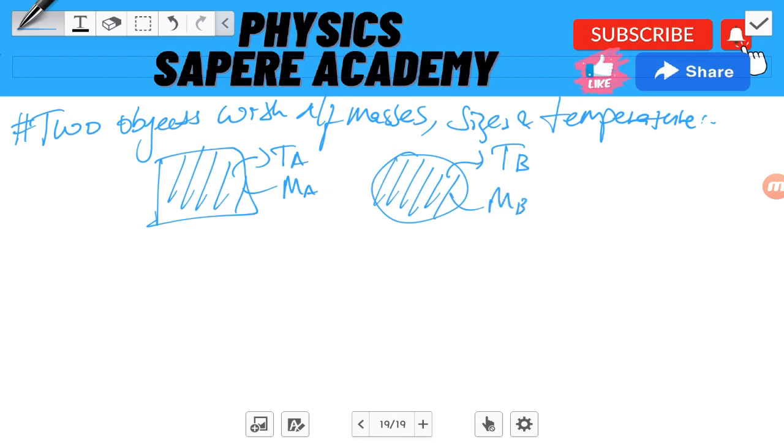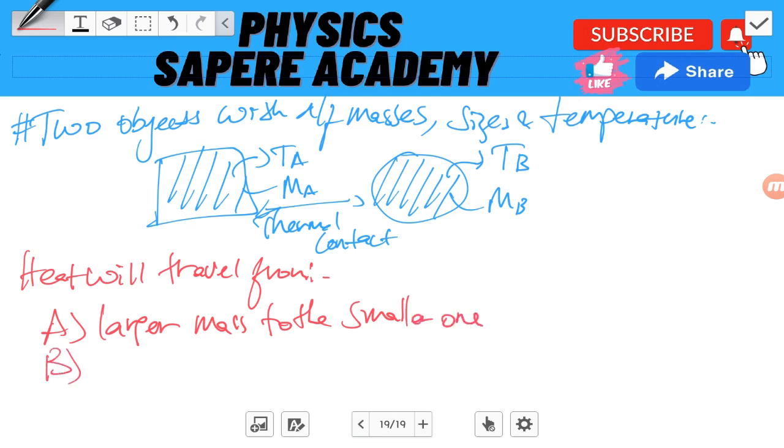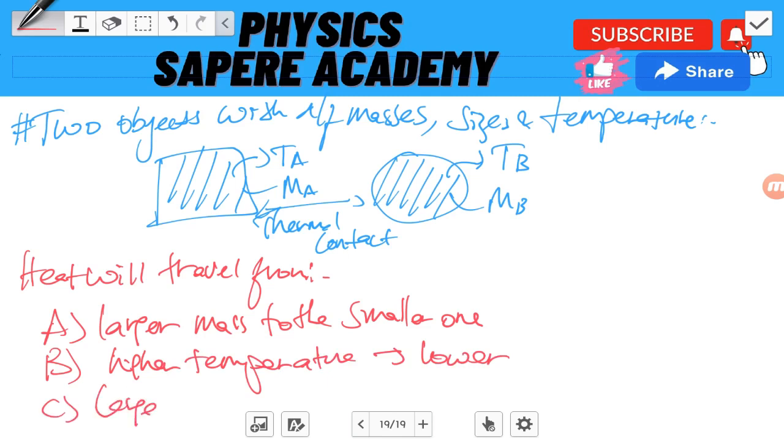If these two bodies are placed in thermal contact, then heat will travel from A, from the larger mass to the smaller one, B? Or from the object at higher temperature to the lower one, C? From the larger object to the smaller one? You can pause the video and think about it.